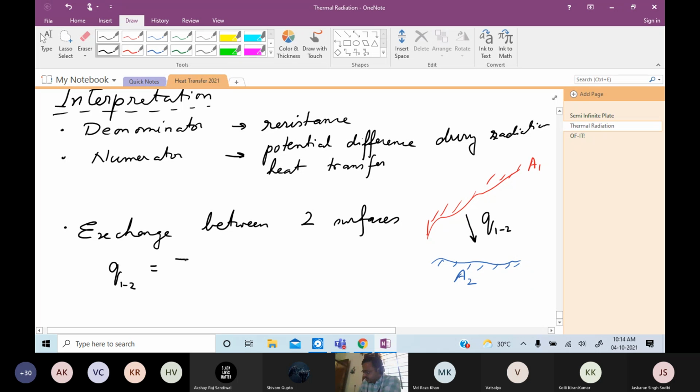So what is it that 1 gives out? The total amount of heat? J1 A1, right? Because J1 is the radiosity, that is what is leaving the surface per unit area times the area A1. How much of it goes to A2 times F12?